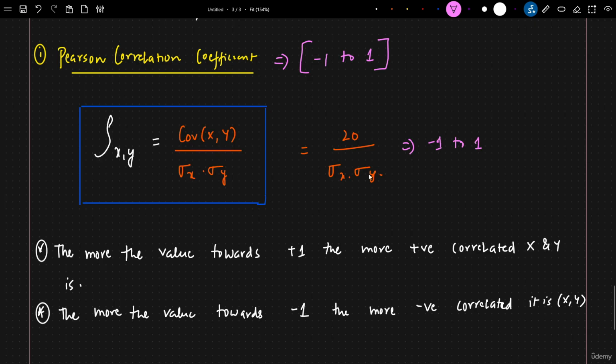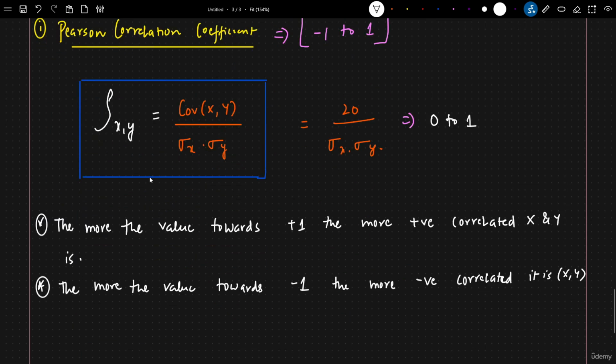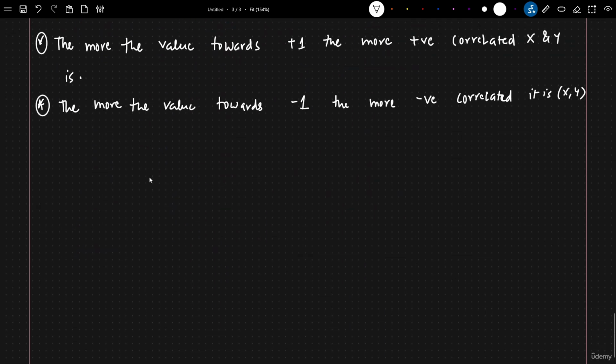Specifically, this will be more than 0 because I've got a positive correlation over here, so it will come between 0 to 1. Why? Because this is already positively correlated. Now, this is one amazing important thing about the Pearson correlation coefficient. There is also one more technique which is called Spearman rank correlation. So, let's talk about this particular technique.